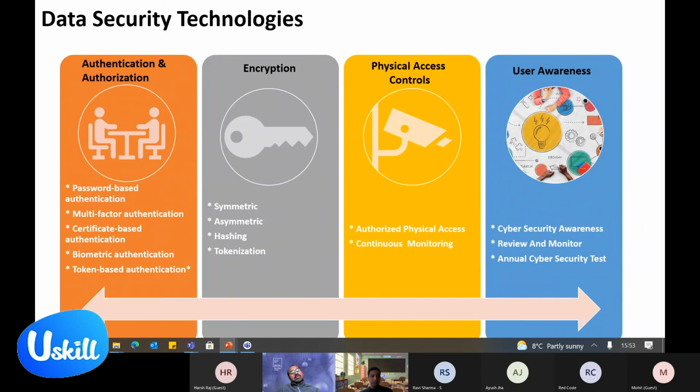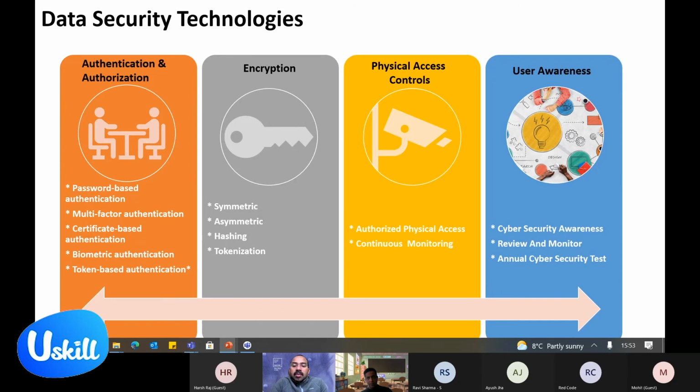So these are the various technologies, of which encryption is of course the most important, and it should be implemented throughout the whole data life cycle. As Ajay has said, we also implement certain physical access controls.